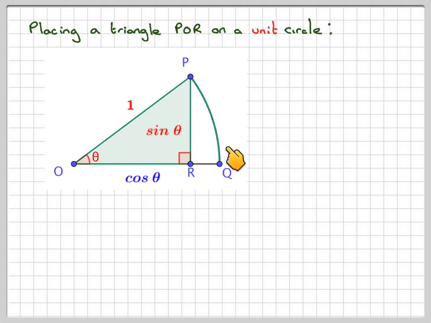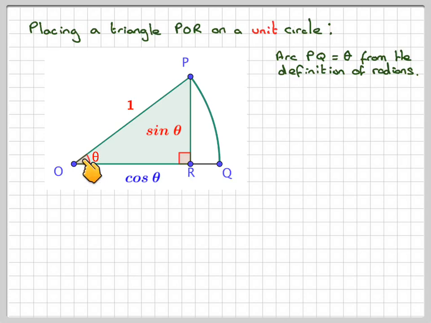Right, so we have an arc here, PQ. Arc PQ was equal to theta from the definition of radians. Remember, if the angle here is theta measured in radians, and this is 1 and this is 1, this length here has the same length as theta. That was the definition of radians. Now, if we draw in the line PQ, we get a straight line here.